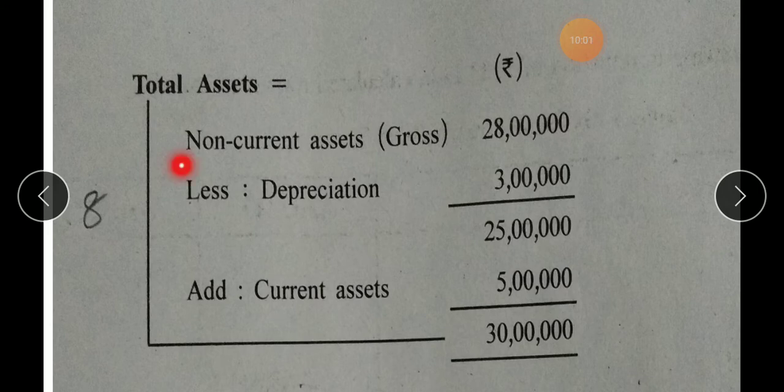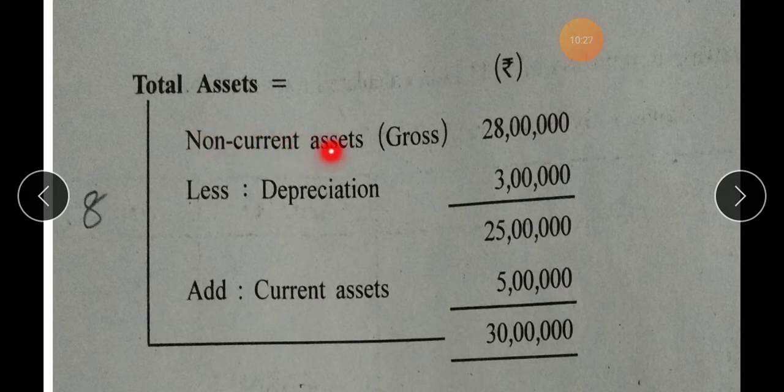So non-current assets are of 28 lakh as per the question, less depreciation 3 lakh. Depreciation is a non-cash expense, and if you remember, depreciation is always deducted from the price of an asset. So the value of non-current assets is 25 lakh.